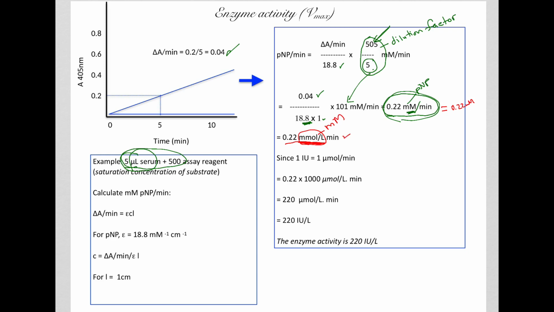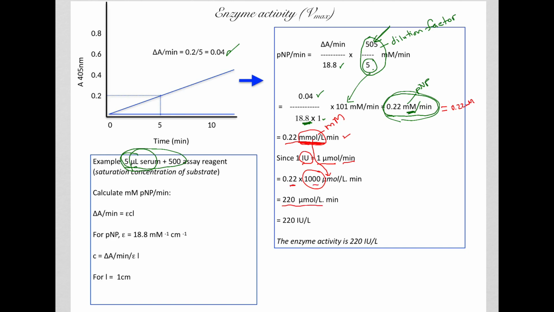Now, since 1 international unit is 1 micromole of substrate consumed per minute, which is the same as micromole of product formed per minute, we convert this millimole into micromole. We multiply this by 1,000. So this will be 0.22 times 1,000.